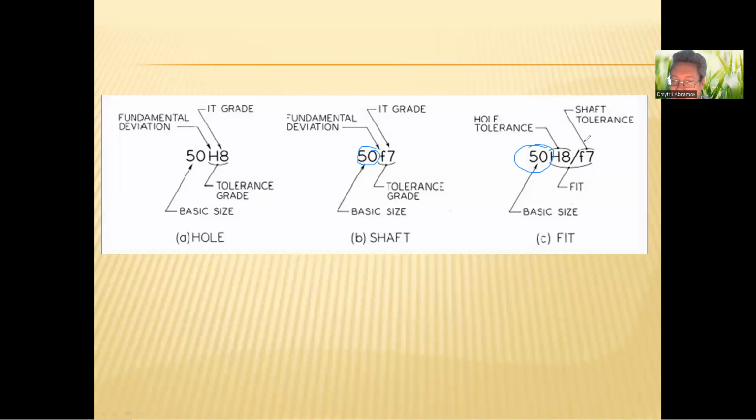And under the line, small f, 7, it's fundamental deviation and IT grade of the shaft. And together it's a fit with hole tolerance and shaft tolerance.